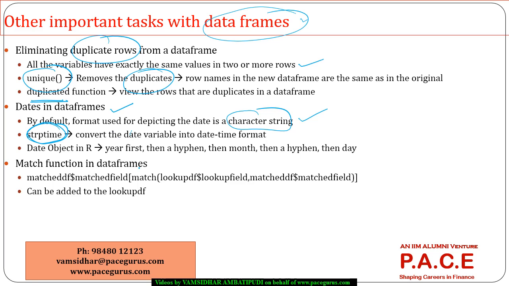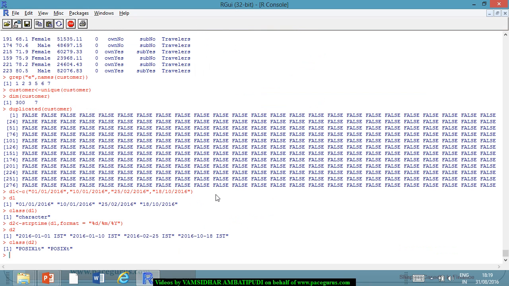Then if you want to do a matching, let's say you have two different data frames. I want to look up this particular value in this particular data frame and, based on that, retrieve the stuff. So let's create a couple of things here. Let's create two data frames from our customer data.